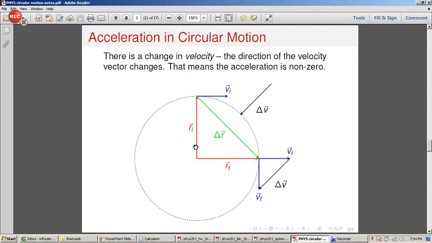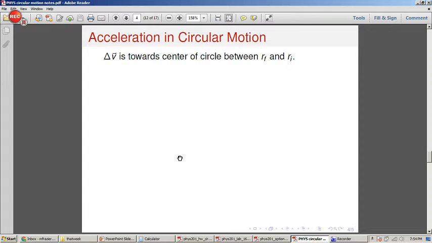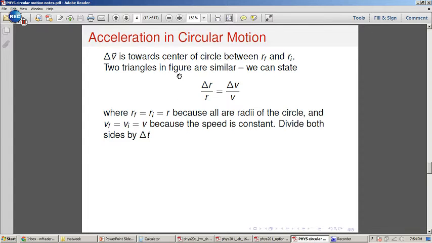Except for the case where they were exactly 180 degrees apart, it would be difficult to do triangles. But delta v would go to the left, and halfway in between would be here, and it'd still be towards the center of the circle. So the drawing with triangles is supposed to be on smaller angles. So that's the important bit.